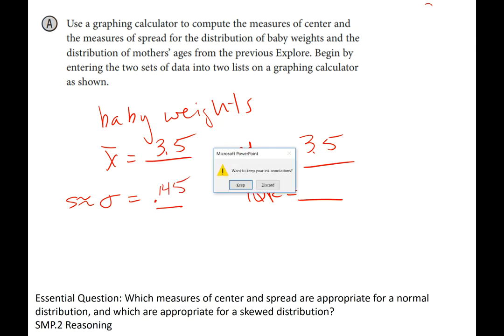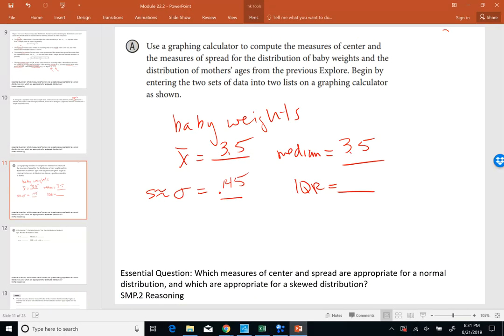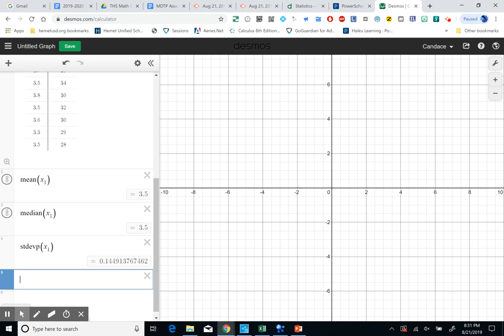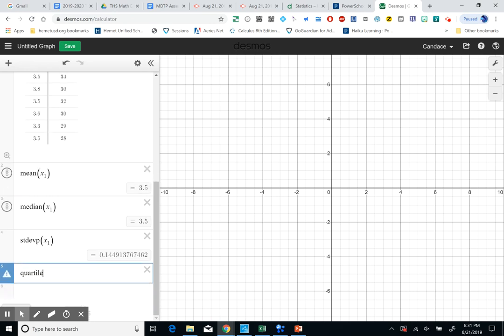There's interquartile range. We're going to do a calculation in there. In the whole line, we're going to do a couple things. So you have to type in quartile as the calculation, and then you have to tell it what list, so X sub 1. And then notice I was down low, right? It was down here. Then I pushed the arrow to get it up high again, and I do a comma. And then you have to tell it it's the third quartile minus the first quartile.